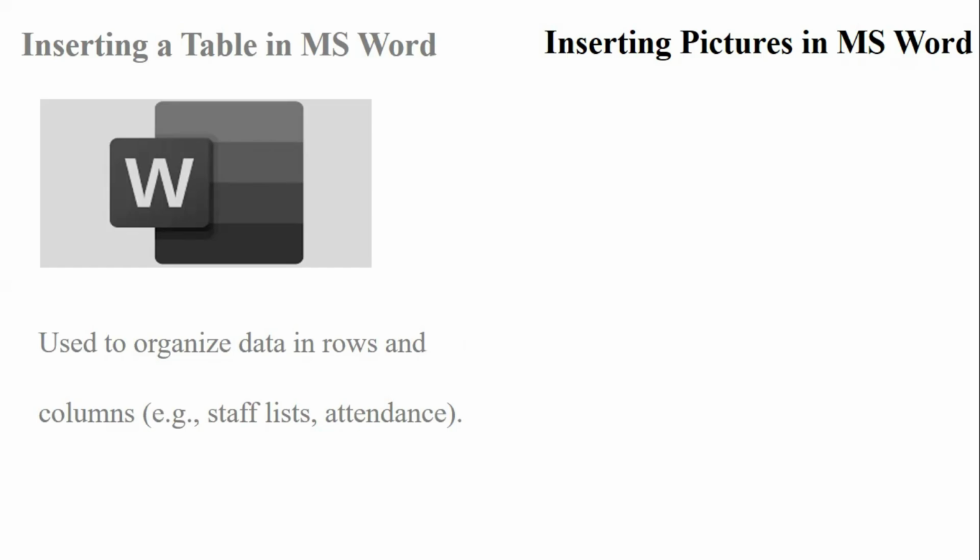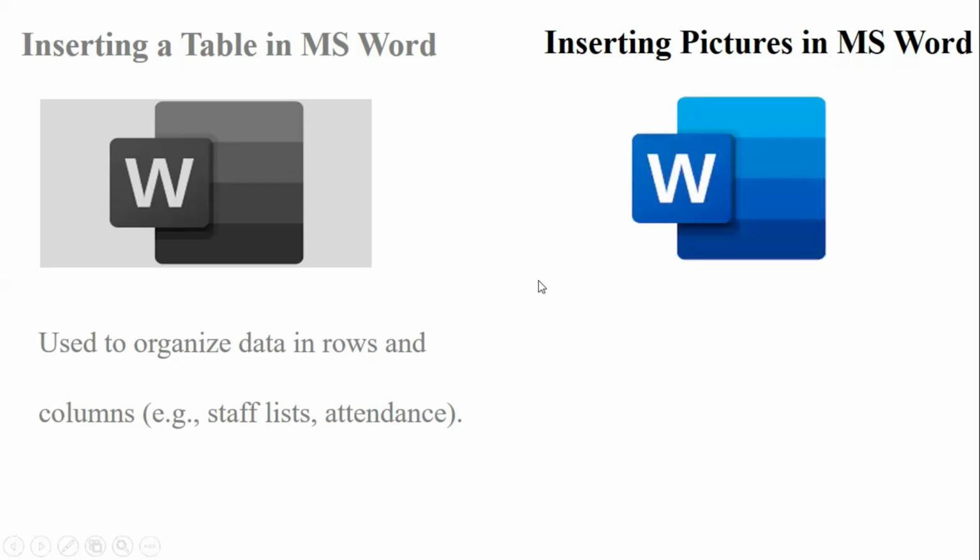Then the next thing is inserting pictures. You can see pictures usually make official documents more professional and more credible, because pictures will illustrate what we are having, so that you can have a very clear understanding when we put professional logos in our projects or reports.